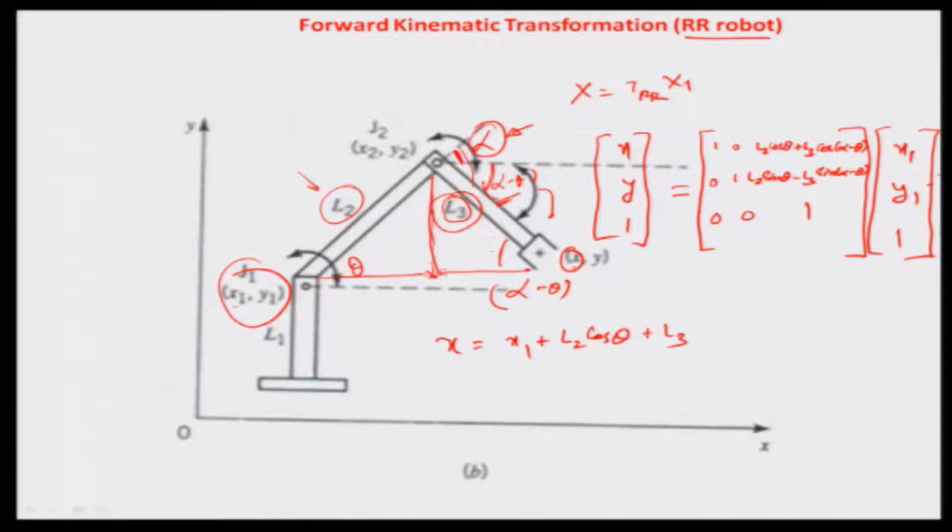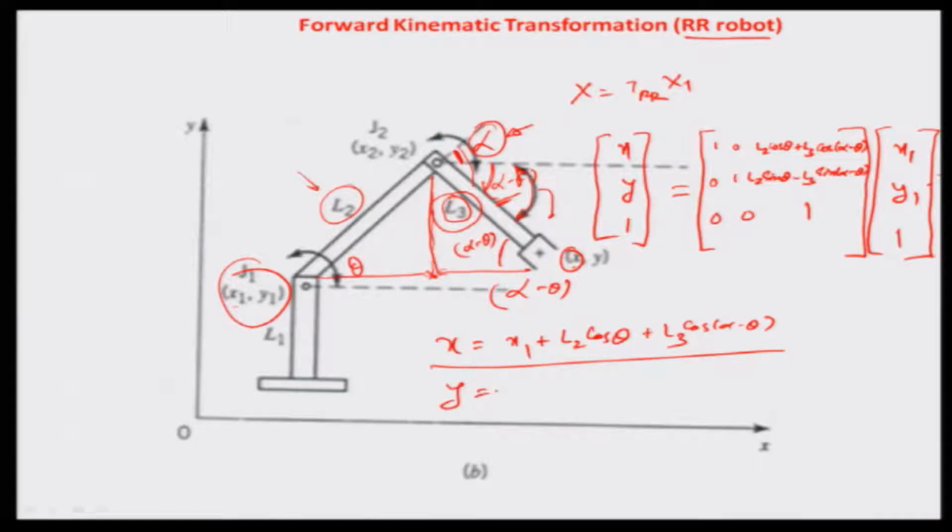So, the cos of alpha minus theta, which is actually same as this alpha minus theta relative motion of link L3 with respect to the world coordinate system, which comes into picture. So, L3 cos of alpha minus theta. Okay. So, that is how x is described.